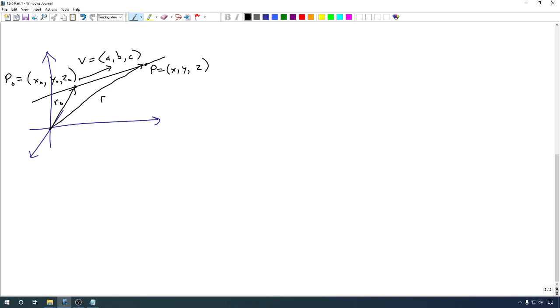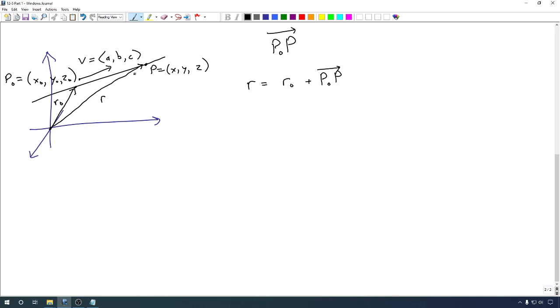And the idea here is that we have a vector from P naught to P. So if we go from that point to that point, we have a triangle. If we follow r naught and then follow this vector, P naught P, we end up at P. So we basically followed r. In other words, we could say that r is equal to r naught plus the vector P naught P. That's what vector addition means.